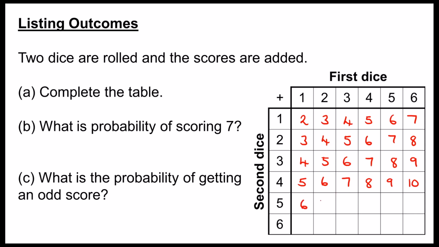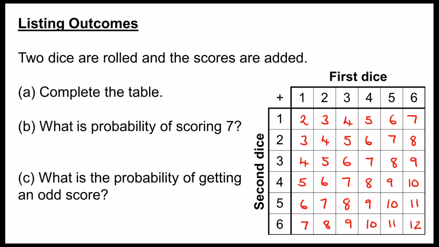And then we get 6, 7, 8, 9, 10 and 11. And on the final row, 7, 8, 9, 10, 11 and 12. So that is all possible outcomes when we roll 2 dice and add the scores together.